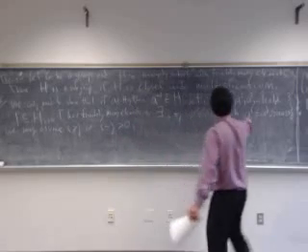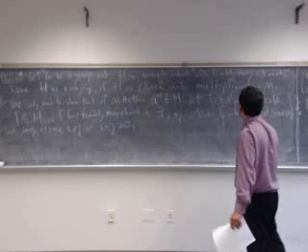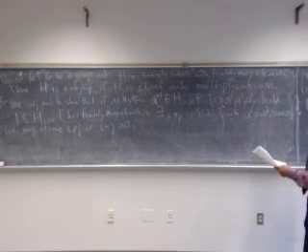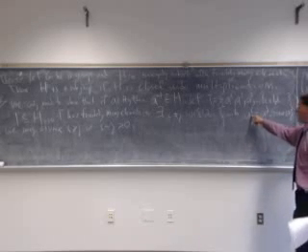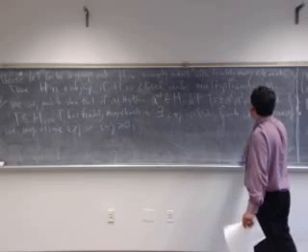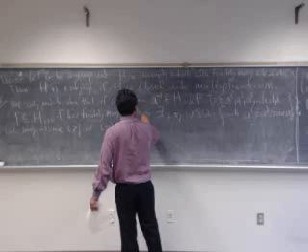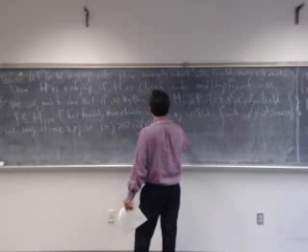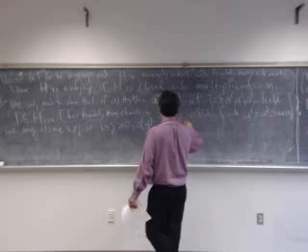But if we take this equation, a to the i equals a to the j, and divide each side by a to the j, or really what we're doing is multiplying each side by a to the negative j, so we have a to the i times a to the negative j is equal to a to the j times a to the negative j.